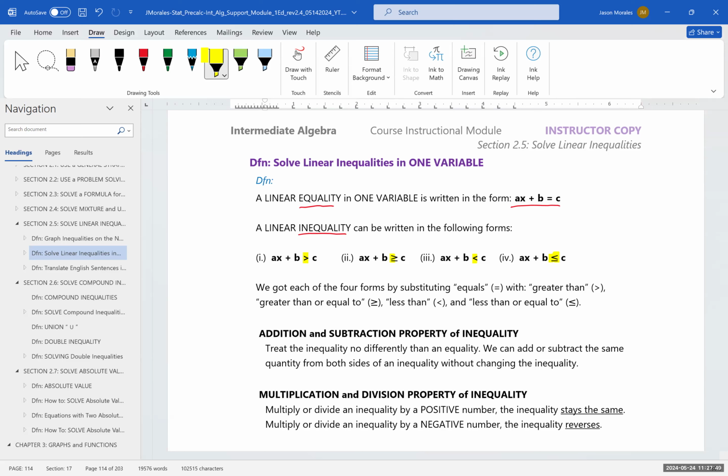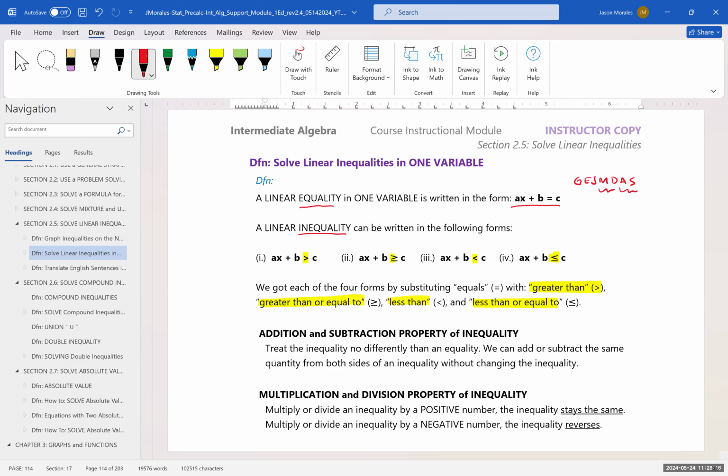So we got each of the four forms by substituting the equals sign with greater than, greater than or equal to, less than, or less than or equal to. Just like with linear equations in one variable, where we had order of operations, we're going to be adding and subtracting, multiplying and dividing.